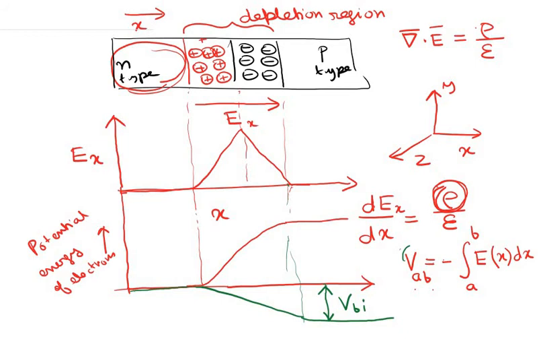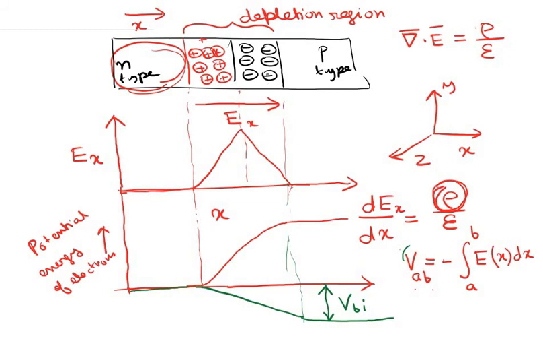If the number of electrons in the n side increases, more electrons can diffuse from the n side to the p side, so the charge contained in the depletion region would increase.